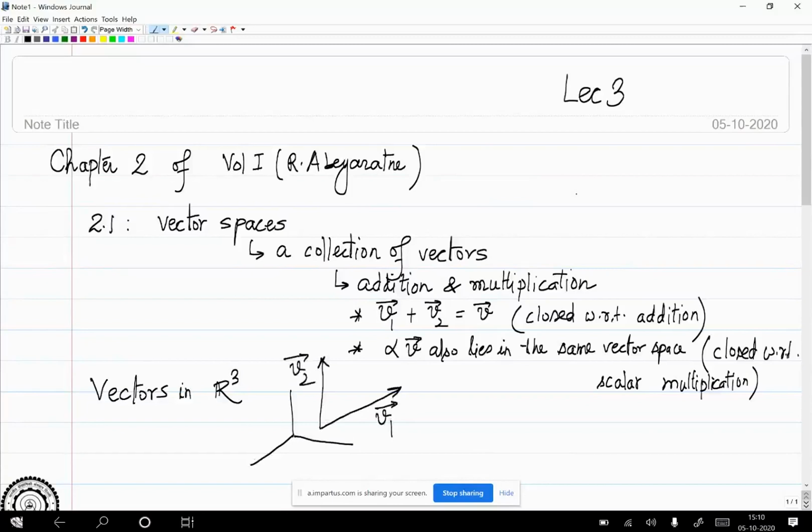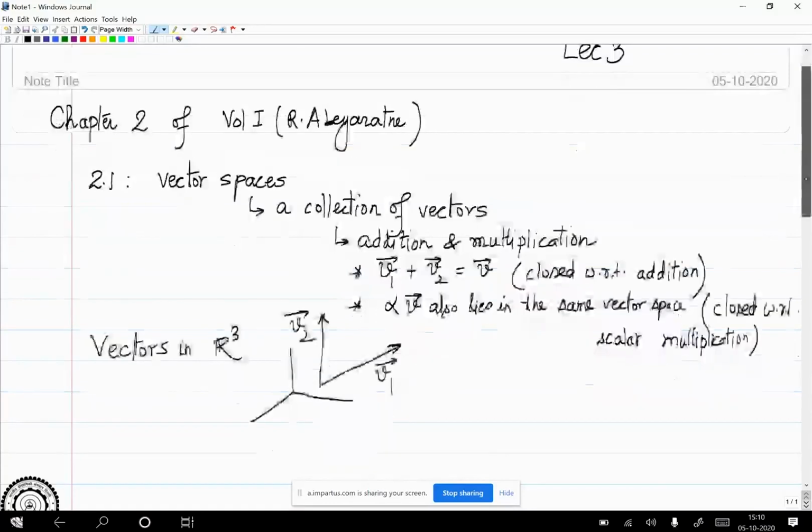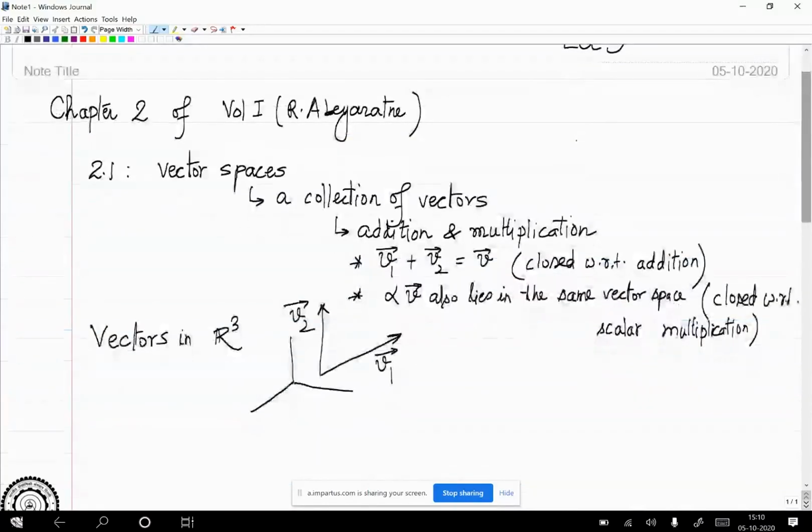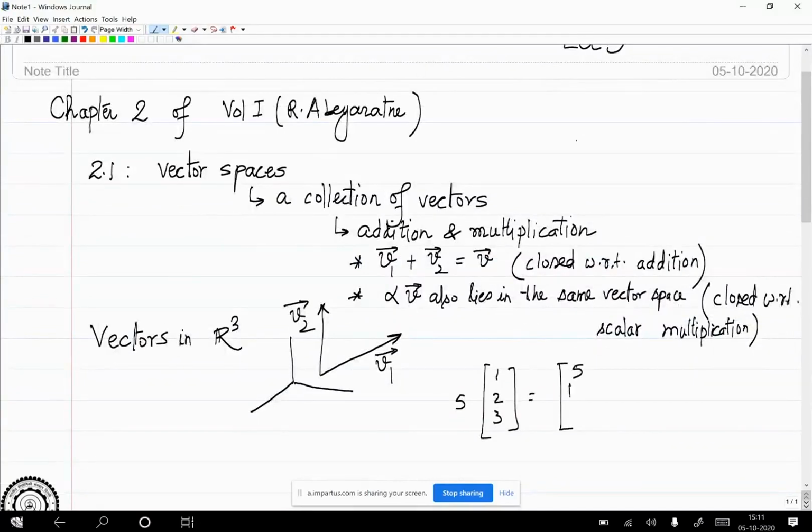You add these two and the result that you get is also in R3, isn't it? Similarly, you take a vector, let us say, whose column form is 1, 2, 3. You multiply this by 5. What you get is 5, 10, 15. So the resultant vector also is a vector in R3.